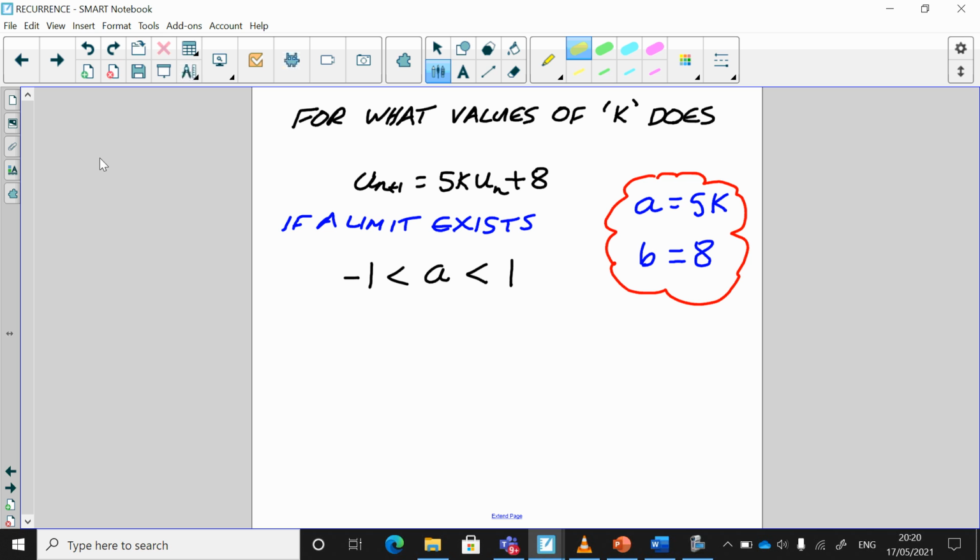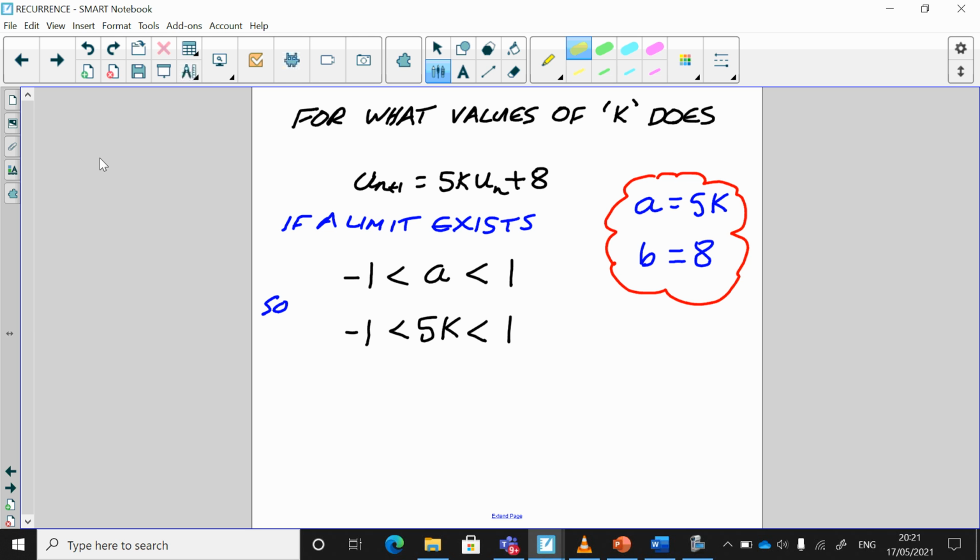So if a limit exists, a must lie between -1 and +1. We're talking about 5k for a. We're not interested in the 5k. We're interested only in values of k. So I need to get rid of 5k and turn it into k. The only way I can do that, don't say take away 4k, because I'm dealing with inequalities here. 5k is on its own, so don't start adding or subtracting things here.